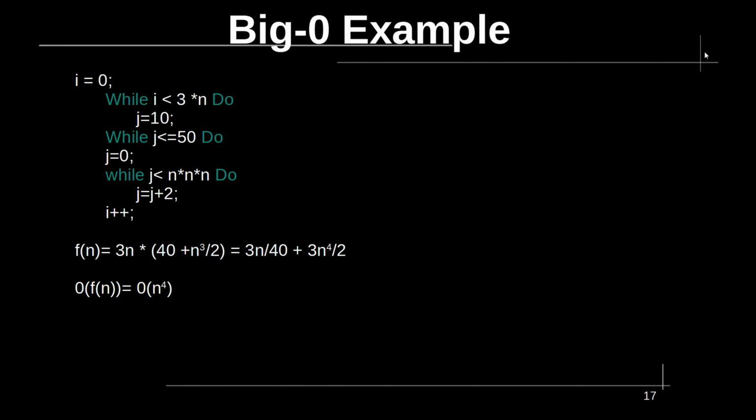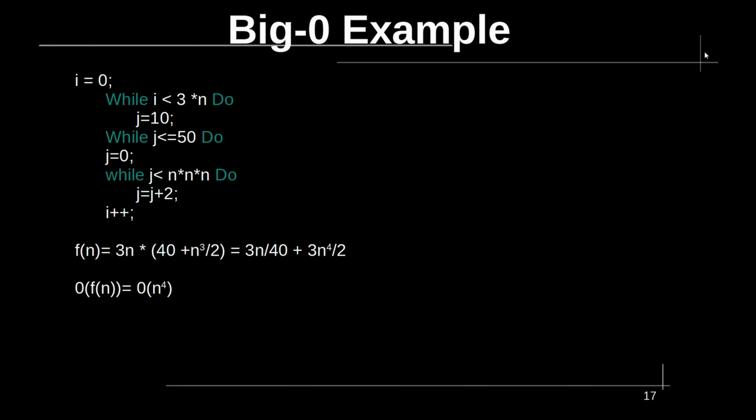We can see that j is escalated a little bit, so that loop is going to finish a little bit faster than the others. So the inside is going to be 40 plus n cubed divided by 2, because j goes j plus 2, and we multiply it with the outer loop work, which is 3n.